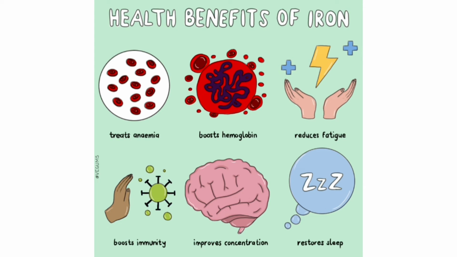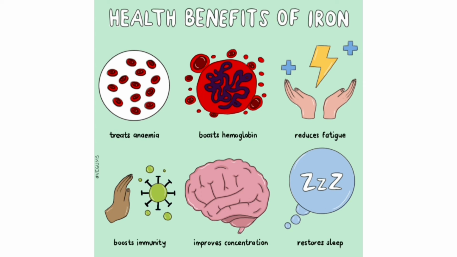The lifespan of RBC is 120 days, and after that they die. This iron is reused for the production of new RBC, and it cannot be stored. The heme part of the hemoglobin may also be used for the production of bilirubin.